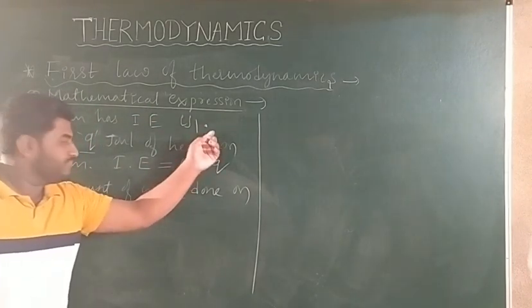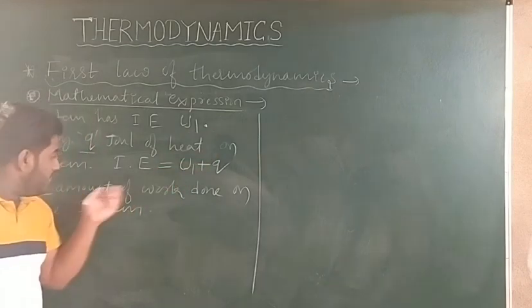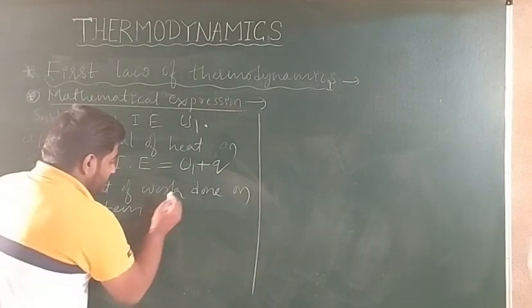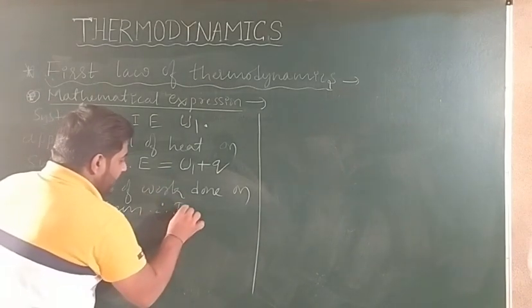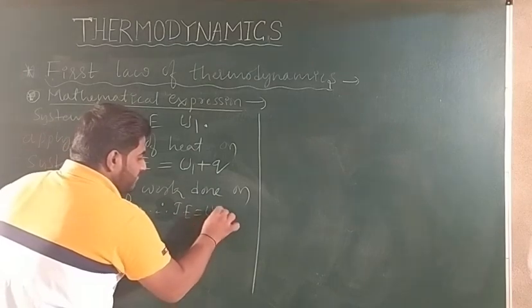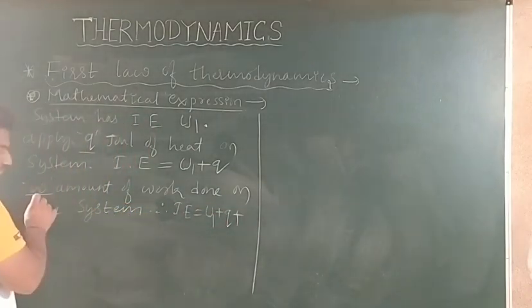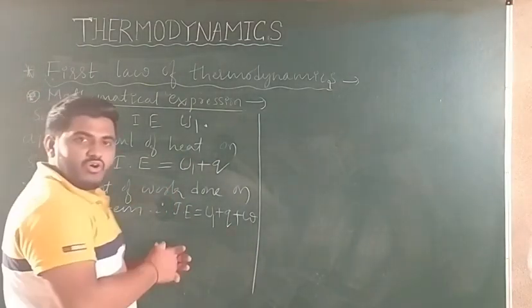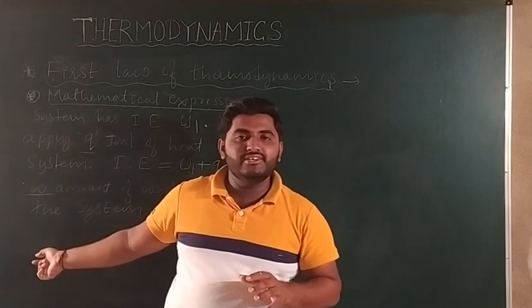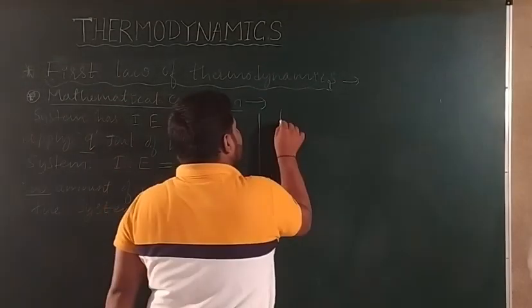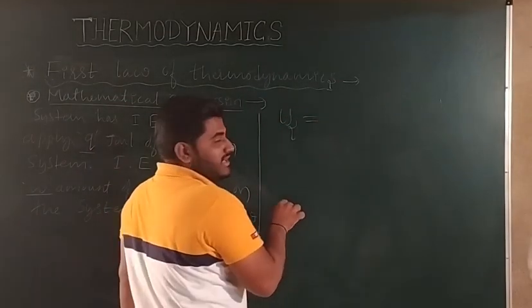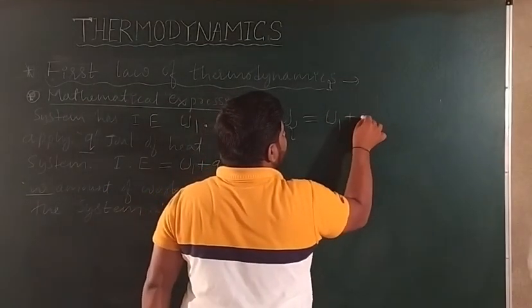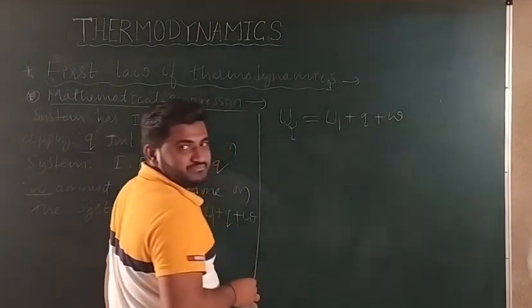Earlier it is U1, then U1 plus Q. Now we did some work also, so internal energy will be U1 plus Q plus W. Finally the internal energy is taken as U2, the final internal energy. So the final internal energy is U1 plus Q plus W.